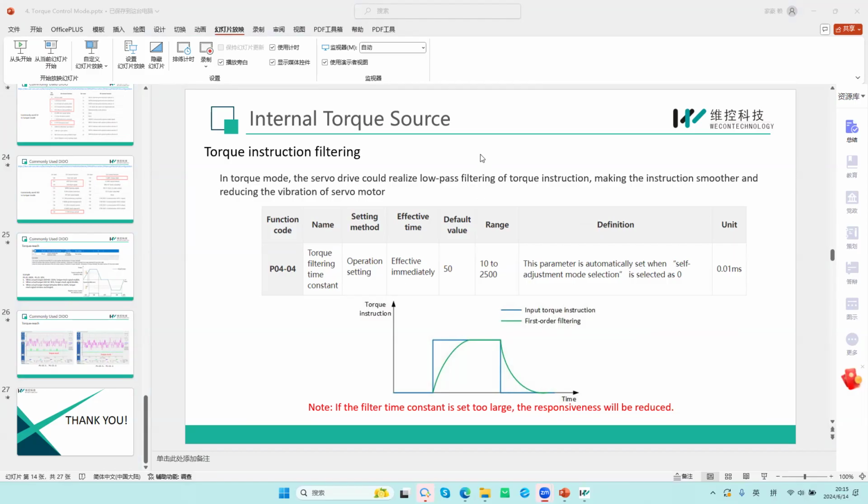And also if you don't know how to calculate the torque of the loads, you can contact our technical team to help you.